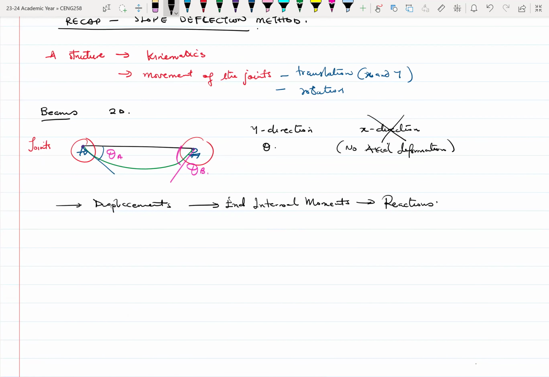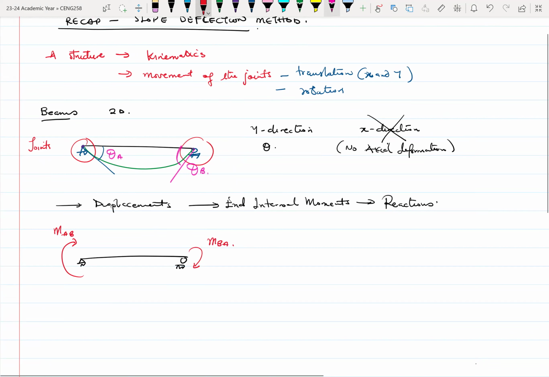So if you have again a beam, let me use this again, whereby there are end moments. We assume that all our end moments are initially clockwise. So we have this end moment, let's say this is end moment AB, end moment BA. And then you have some arbitrary loading on the beam.